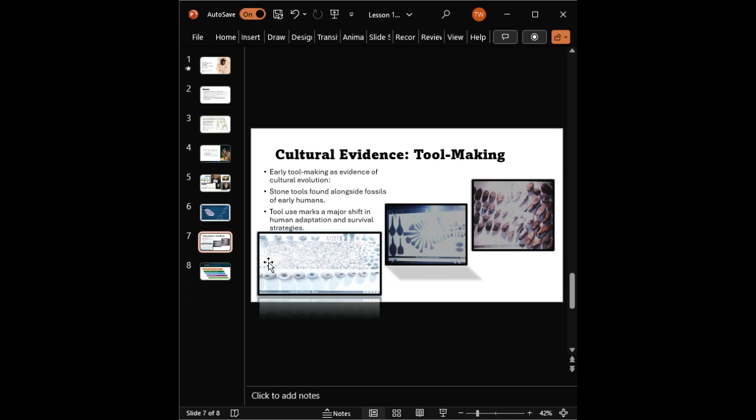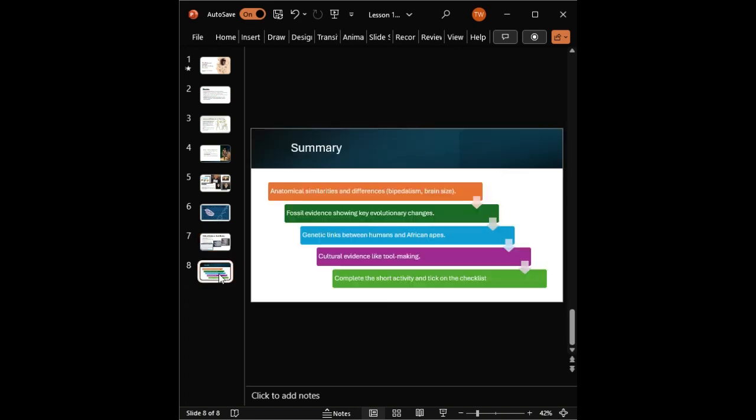Now, moving on to our summary, we are coming to the end of this lesson. To summarize, we have seen that there are clear anatomical similarities between humans and African apes, such as bipedalism and changes in brain size.